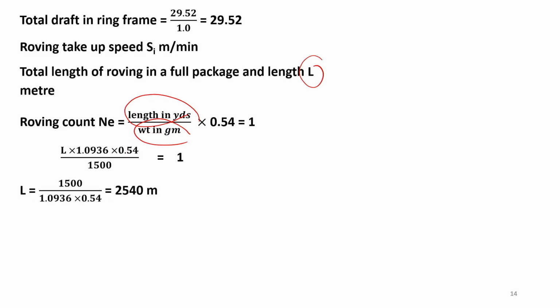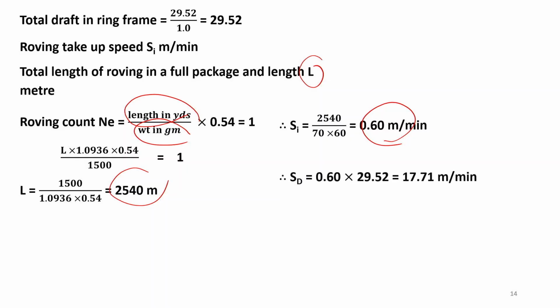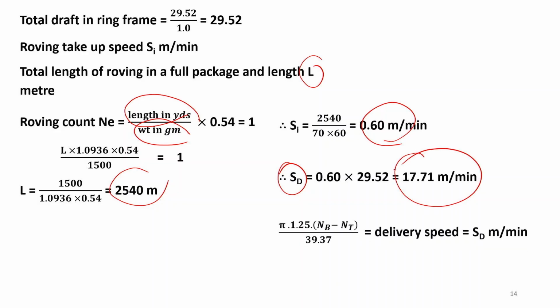So, we get the roving length 2540, it is the same data which was used in the earlier numerical. Now, S1 is 0.6, again the same data we have used, just to understand the concept. So, in meter per minute, the delivery speed S will be 17.71 meter per minute, and pi times the bobbin diameter in inch, so we are converting into meter.